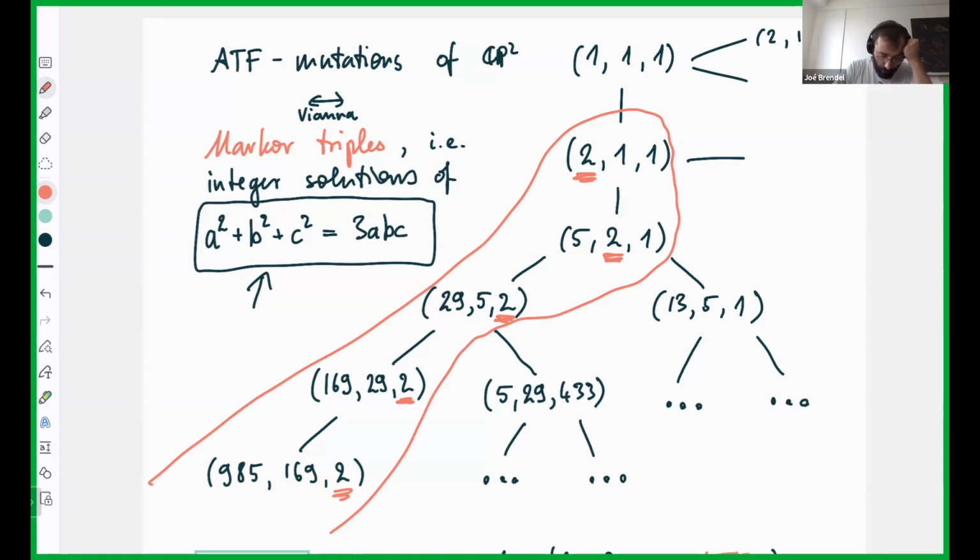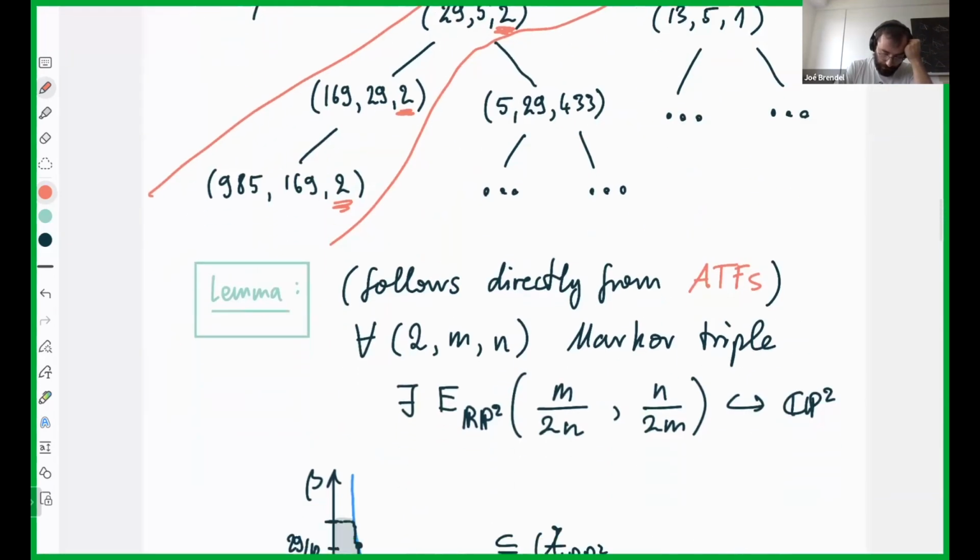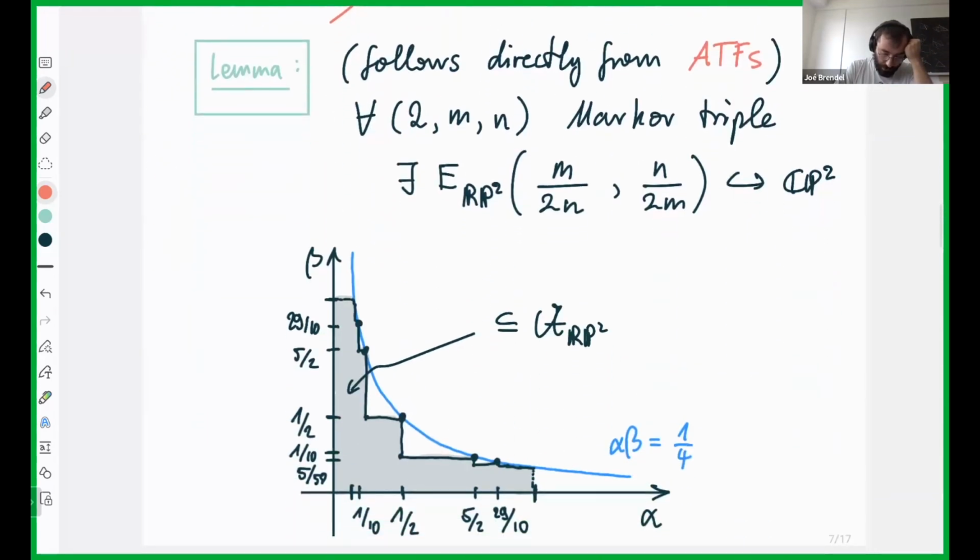Okay. And this means that from the almost toric fibrations, you get immediately that whenever you have a Markov triple containing a 2, you get such an embedding, volume filling into CP2. And so you get a staircase-shaped domain, which I drew in gray here, which is contained in this set of admissible pairs.